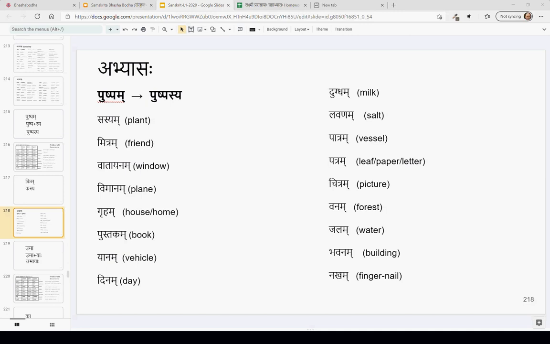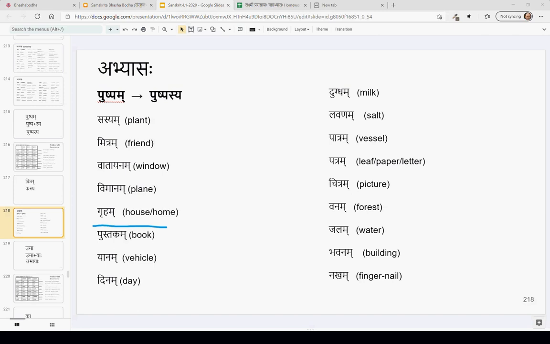Pushpam to pushpasya. Graham to grahasya. So what is another word you want to use in relation to that?